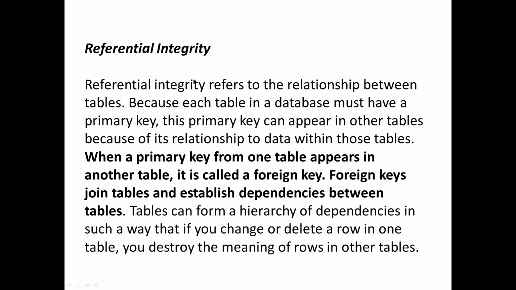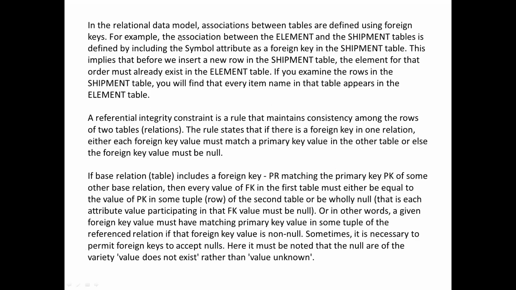So if you delete that particular row from this table, then it will affect this foreign table as well. In a relational system, relationships between tables are defined using foreign keys. For example, the relationship between the element and shipment table is defined by including the symbol attribute as a foreign key in the shipment table. This implies that before we insert a new row in the shipment table, the element for that order must already exist in the element table.